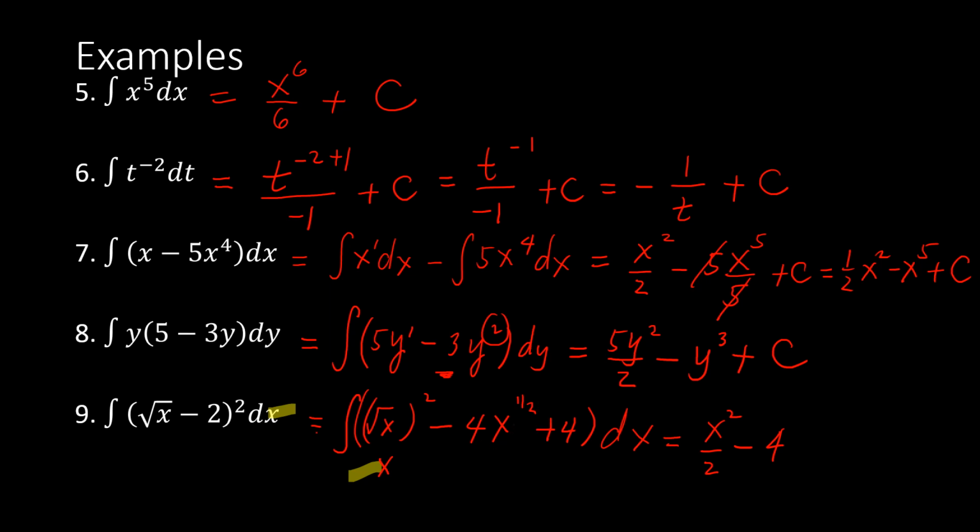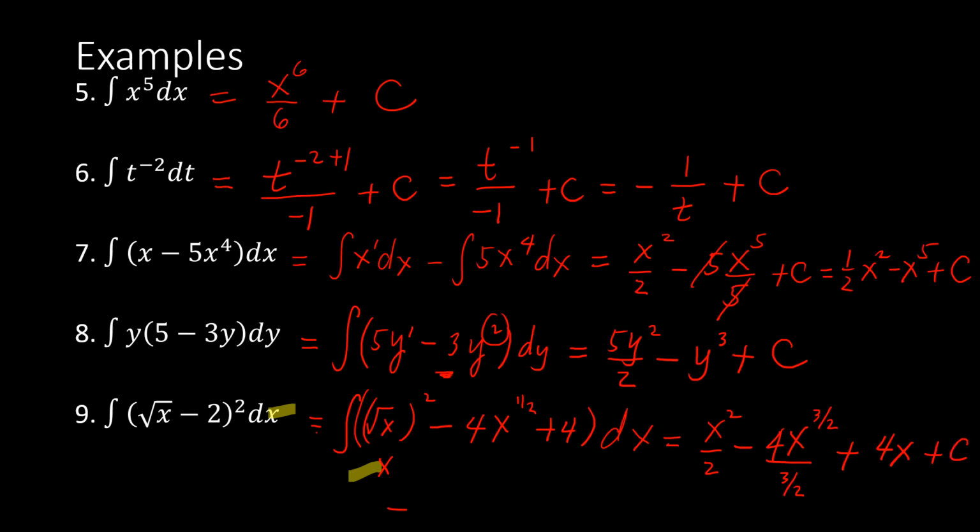So it becomes 4x raised to 1/2 plus 1 is 3/2 all over 3/2 plus the integral of 4 dx is of course 4x plus the constant c.